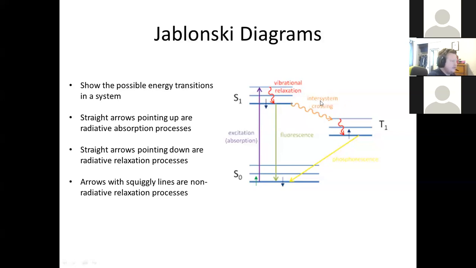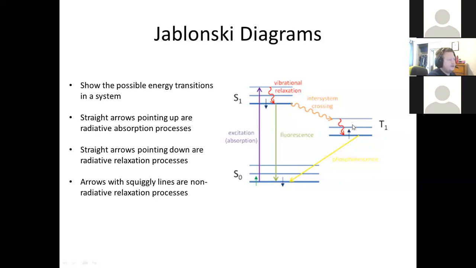There's also another thing called intersystem crossing, where a spin flip can occur, and in general, triplet states are lower energy than singlet states. Not as low as the ground state, but a spin flip will occur. And again, this is through the loss of energy, sometimes through collisions, but there are also other processes that can happen.